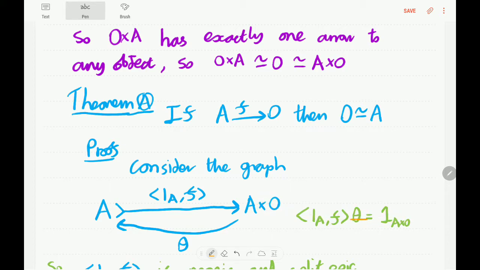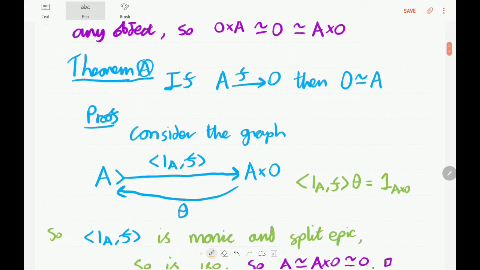So that means that theta here is the right inverse of ⟨ID, f⟩, and that means that not only is ⟨ID, f⟩ a monic, it's also a split epic, and therefore it's an isomorphism. And therefore these two objects have to be isomorphic. But we know this one is an initial object, so since this is isomorphic to it, this must also be an initial object. It's isomorphic to an initial object. Okay?